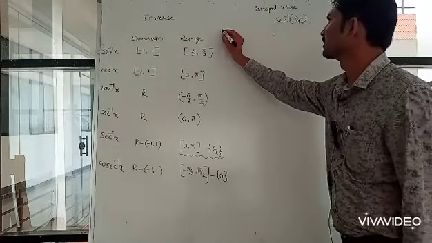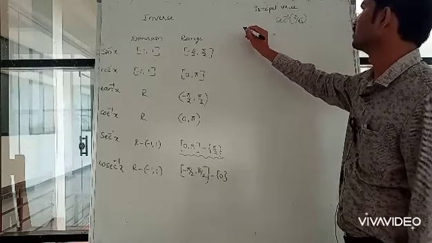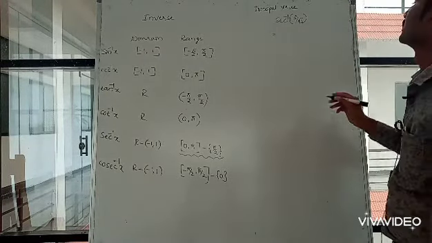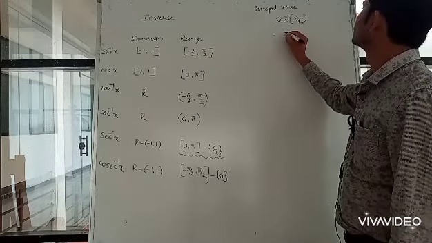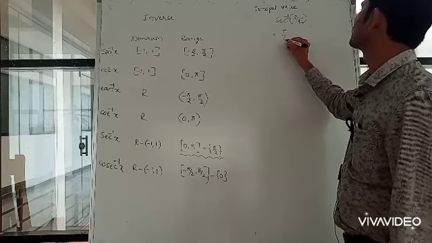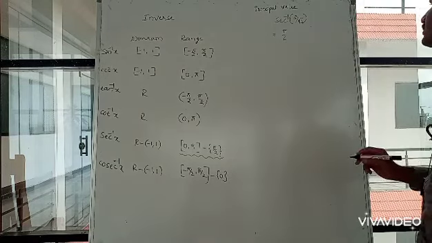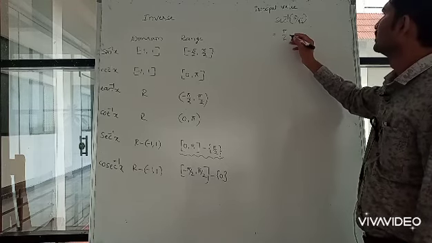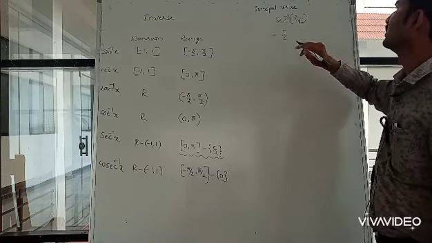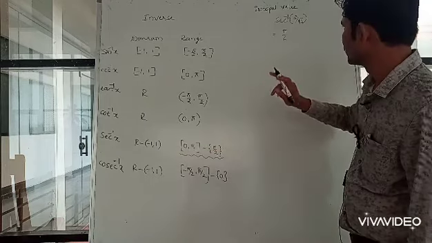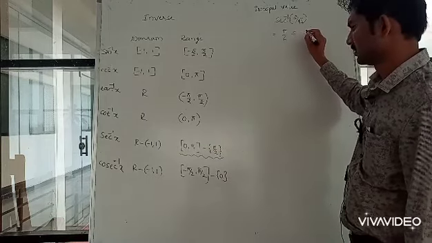If I consider the cos table value √3/2, at what angle do we get √3/2 for cos? π/6, okay, 30 degrees. So the value is π/6; does it lie between 0 to π? Yes, is it right?